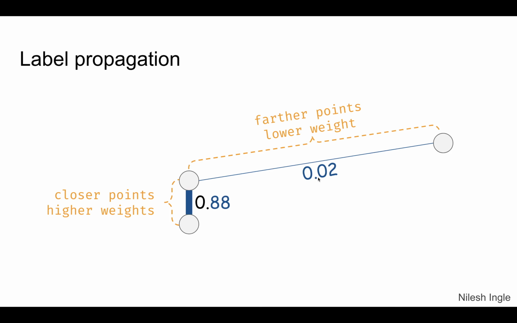A weight of 0.02 indicates that the proximity of those 2 data points is not much, so they are farther apart. Whereas if the weight is higher, it means that those data points are much closer together, as shown here. So using this approach, one can walk through each of these data points and find out the weights for each of those and see which are closer, which are farther, and based on that we can calculate the probability values and find which class they belong to.